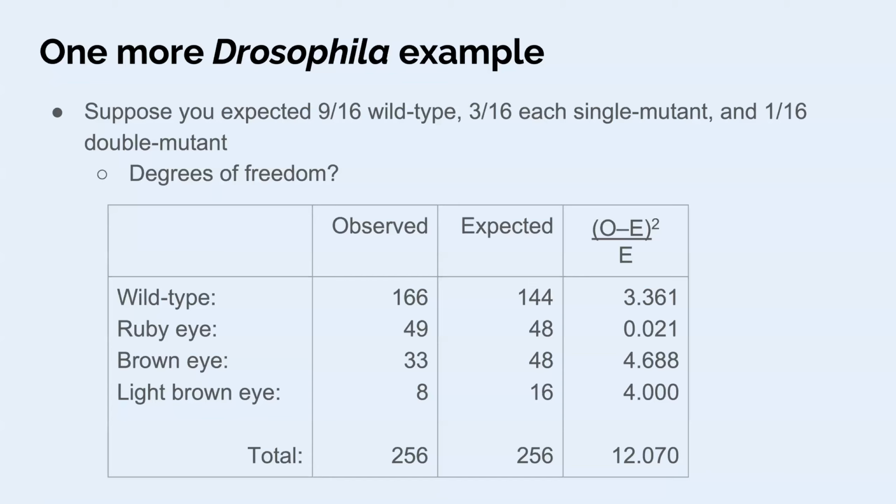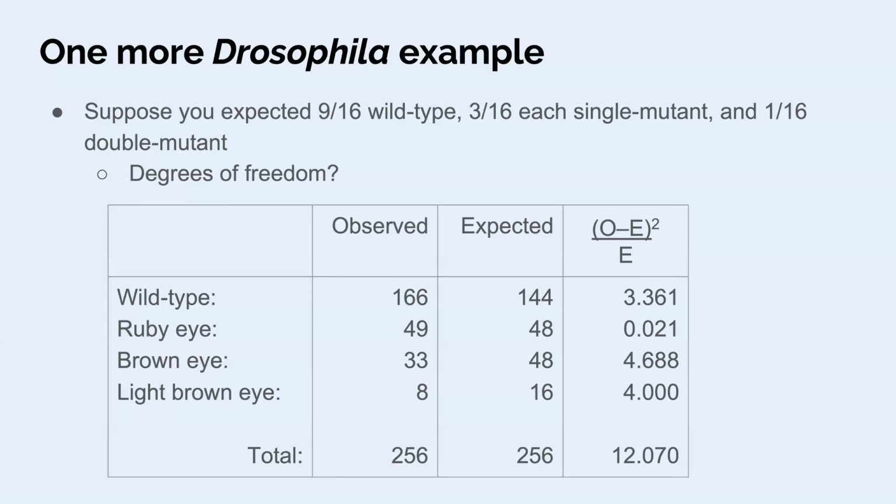So how many degrees of freedom do we have now? In this case, we have 4 phenotypic categories that can give us now 3 degrees of freedom. So the degrees of freedom, basically that means that if you're putting into more categories, there's more room for variation to throw off your expectations.